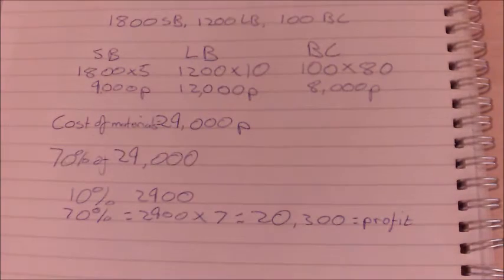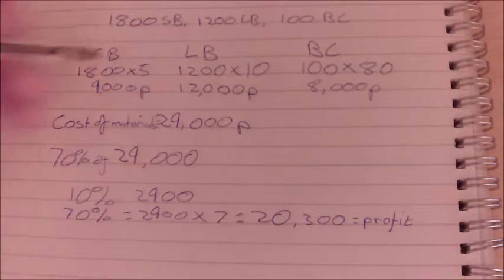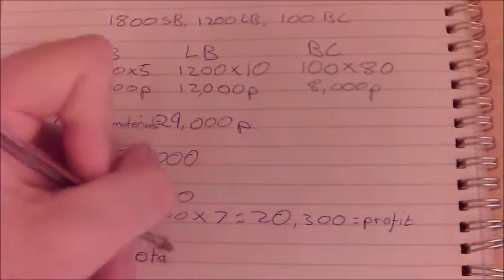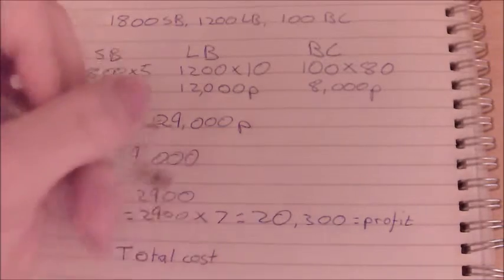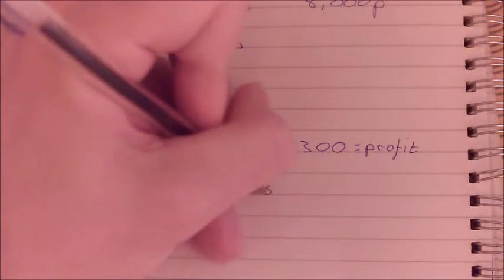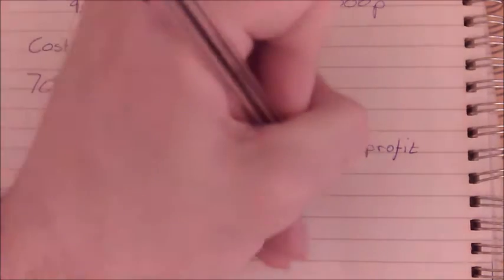But the question's asking us, how much does he charge the shop for the bracelets? And that's going to be the cost of the materials. So the total cost equals the cost of materials plus profit.